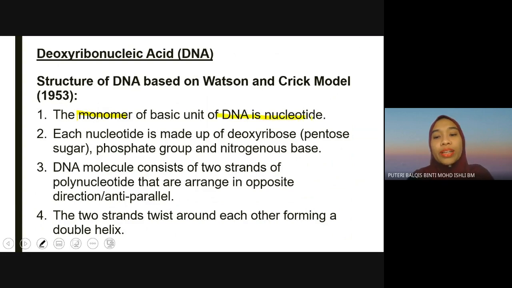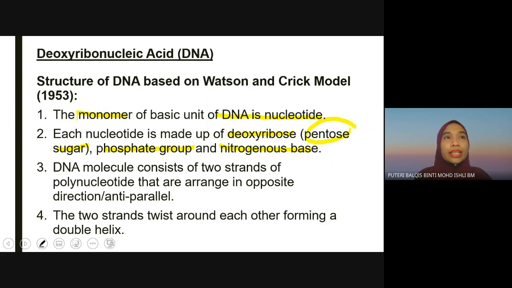Monomer of DNA is nucleotide. Nucleotide ni ada apa? Dia ada deoxyribose, phosphate group, dan nitrogenous base. Kena spesifikkan deoxyribose sebab kita tengah cerita pasal DNA. If you just write pentose sugar, tak tepat.